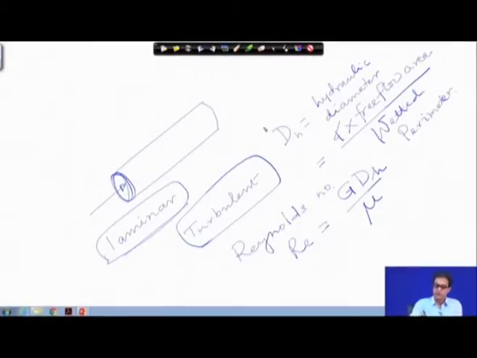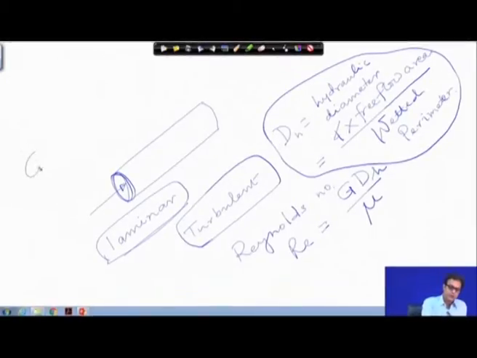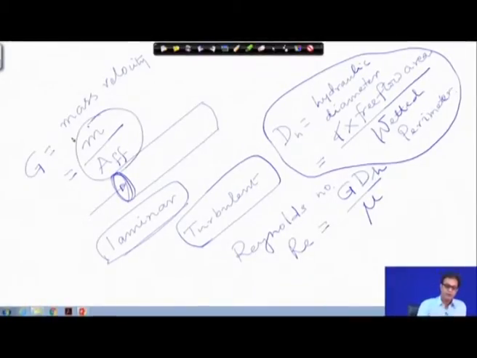So, this is how we define the hydraulic diameter. What is G? G is known as the mass velocity. This is the mass flow rate per unit free flow area. So, this is how we define the mass velocity, and mu is the viscosity of the fluid.